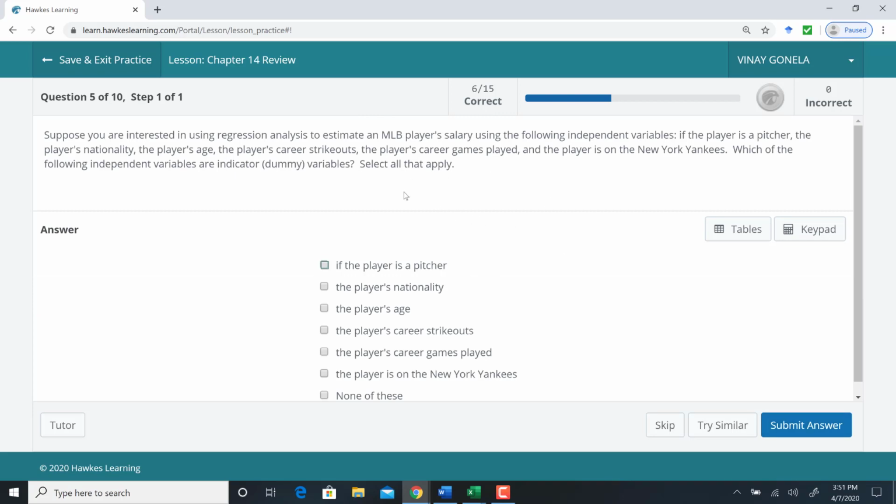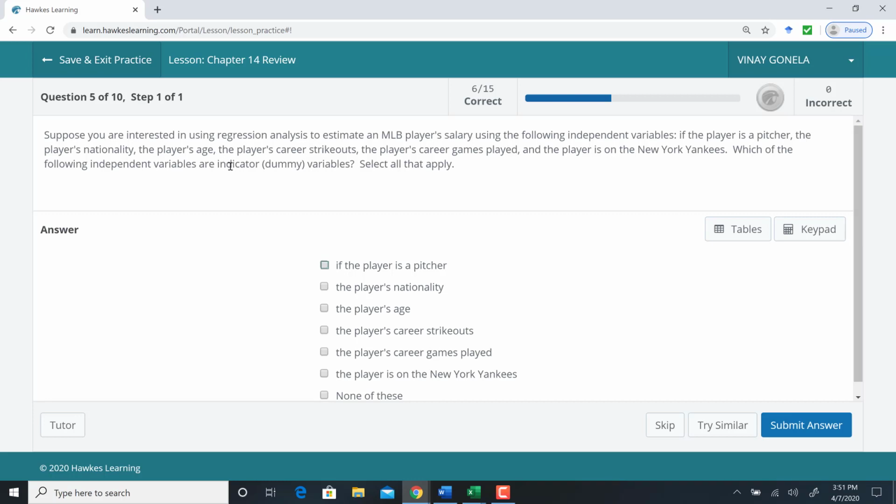So in this question, if you see, suppose you are interested in using regression analysis to estimate an MLB player's salary using the following independent variables: if the player is a pitcher, the player's nationality, the player's age, the player's career strikeouts, the player's games played, and whether the player is on the New York Yankees.